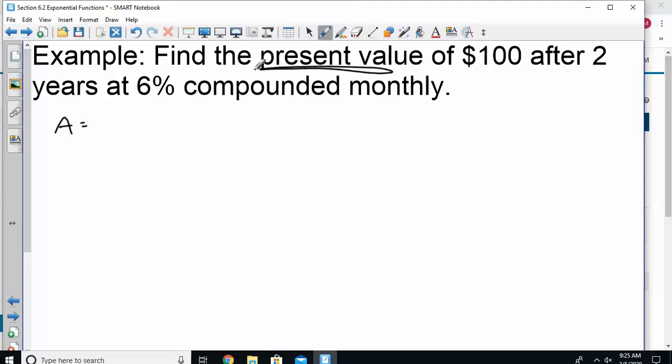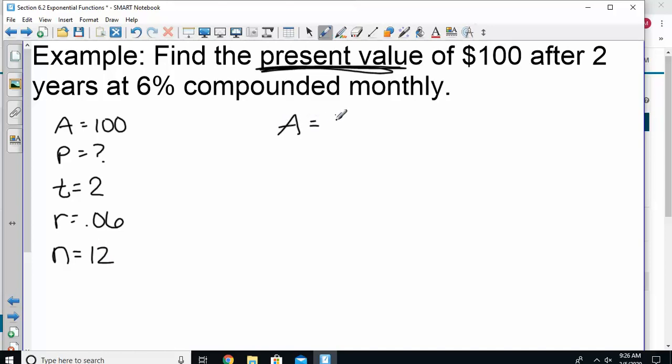I want the present value. Present value is P, so that means P is the thing I don't know, so the 100 has to be my A. After 2 years, so my time is 2, at 6%, so my rate would be 0.06. Compounded monthly, so n would be 12. So I'm using the first formula.